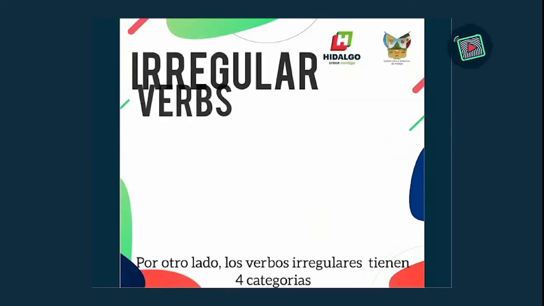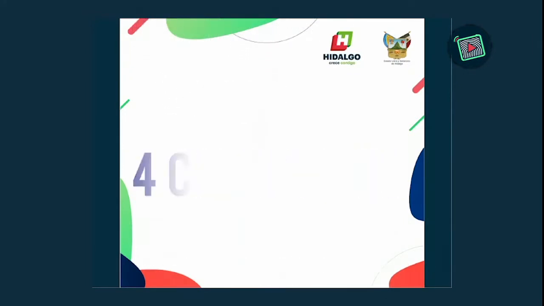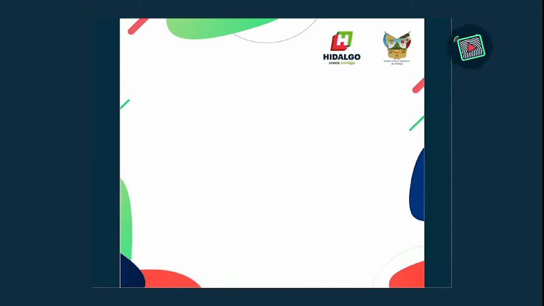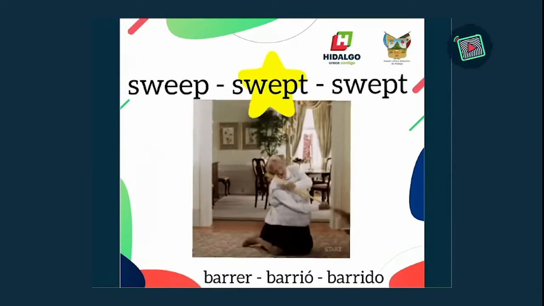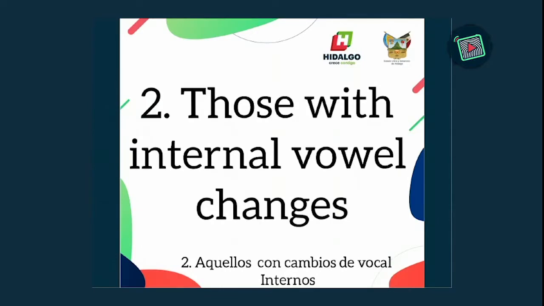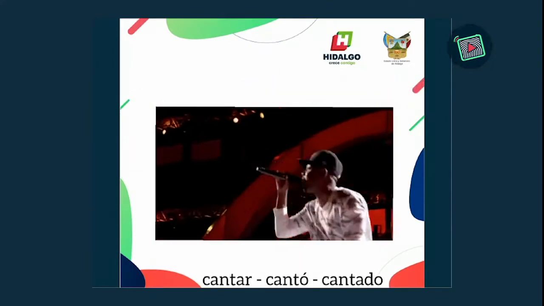On the other hand, irregular verbs have four categories. Number 1, those where the simple past and the past participle are written the same, like sweep, swept, swept. Number 2, those with internal vowel changes, like sing, sang, sung.